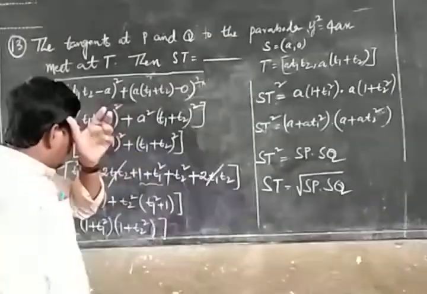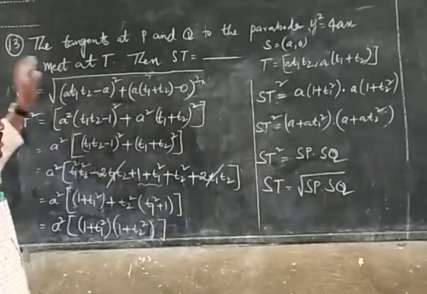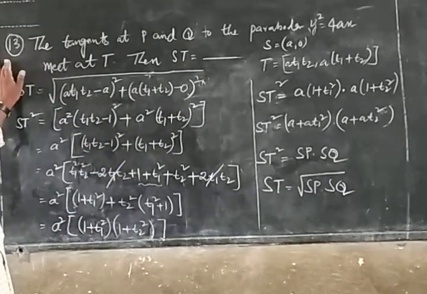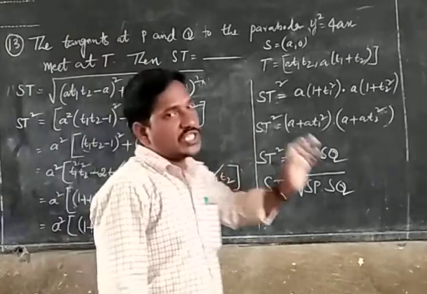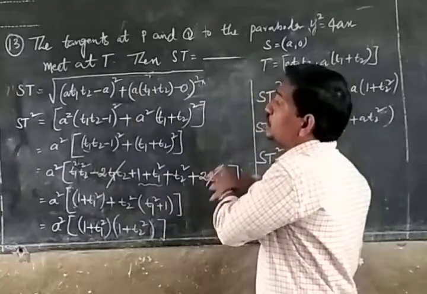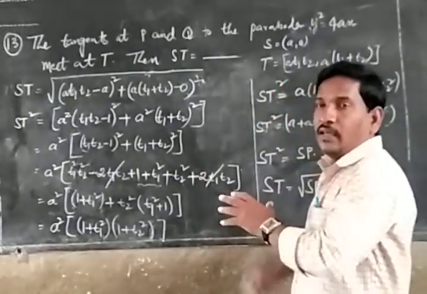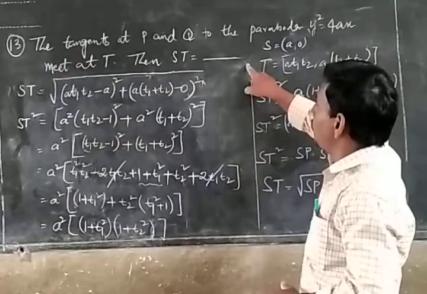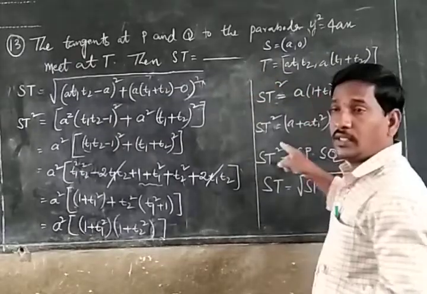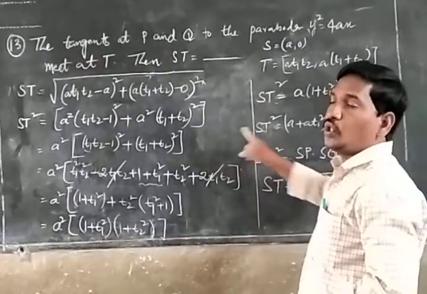We know that the general equation of the tangent is yt equal to x plus at square. So here two tangents, PT and QT.